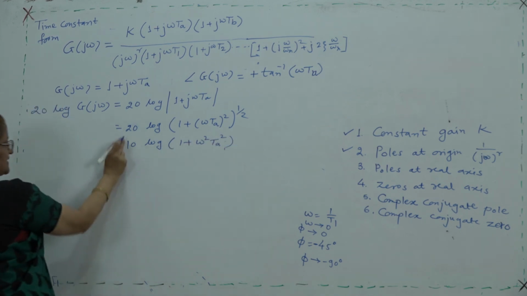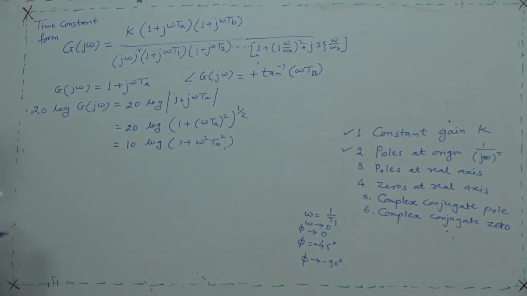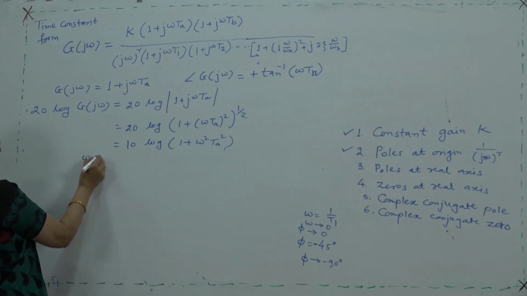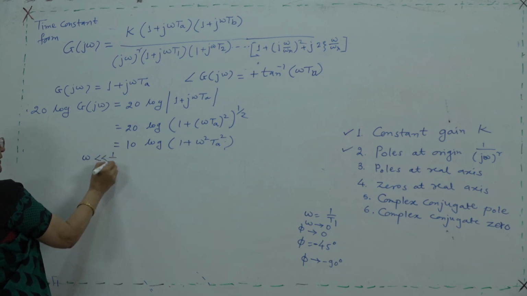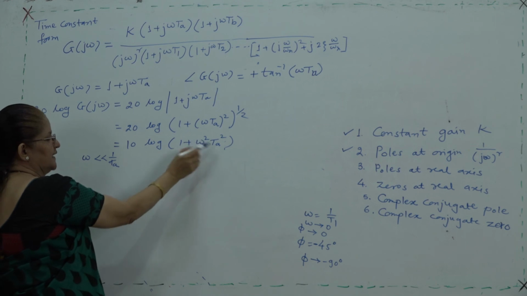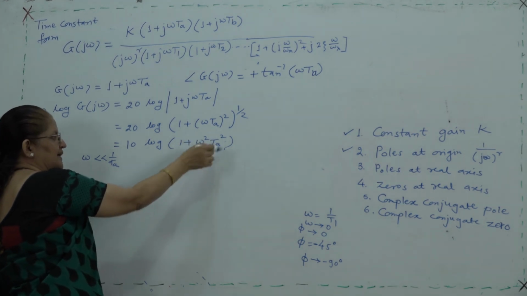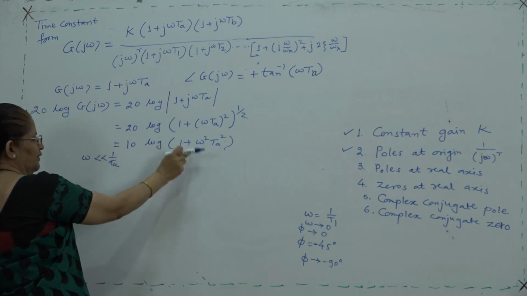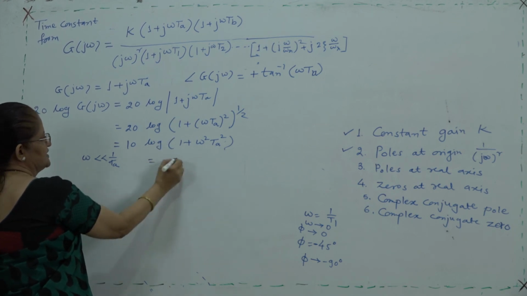This is plus, when it is pole it is minus. So, again consider omega is far less than 1 upon T A. When omega T A is far less than 1, this is negligible term, you will get log of 1. So, it is 0 dB.